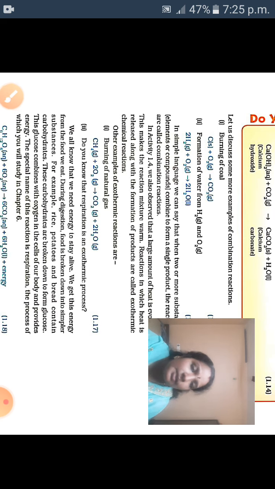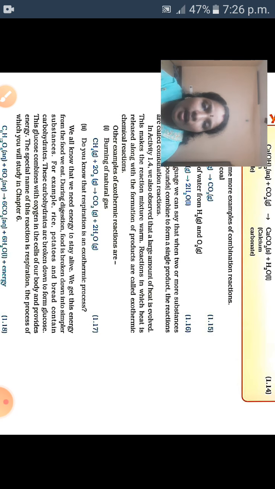Very simply, we can say that when two or more substances, that is elements or compounds, are combined to form a single product, it is known as a combination reaction.